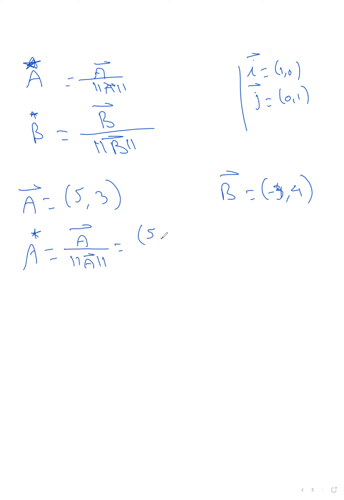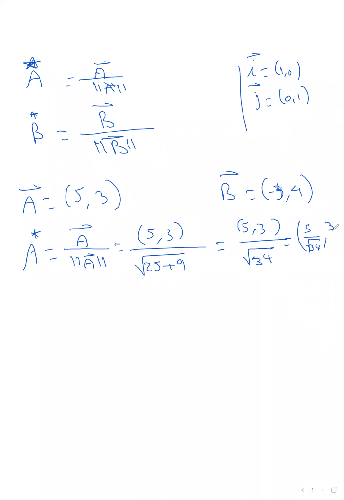Vector A is 5 and 3 over its norm, which is the square root of 25 plus 9, equals 5 and 3 over root 34, which means 5 over root 34 and 3 over root 34.